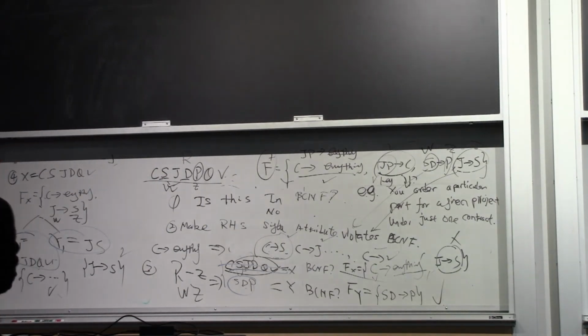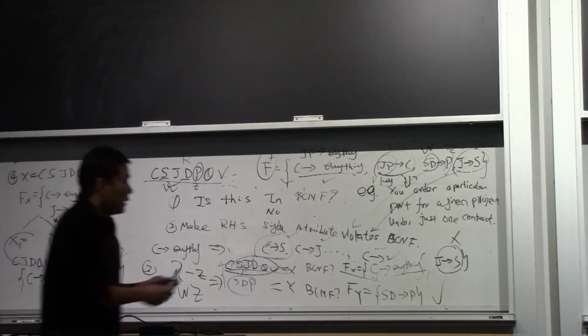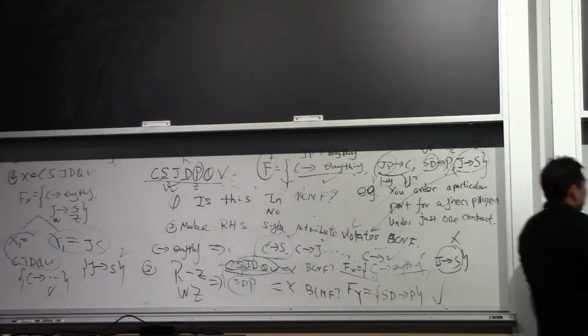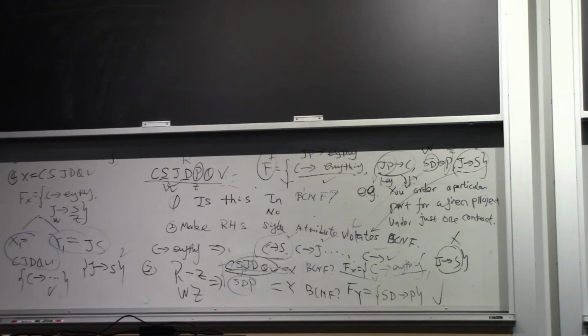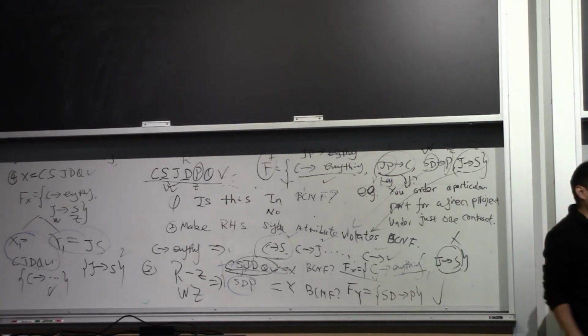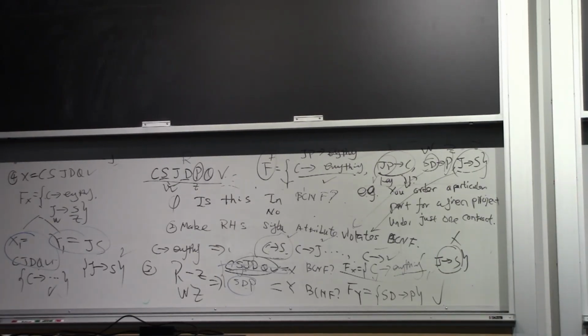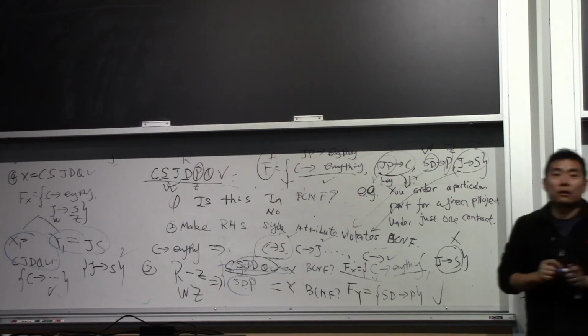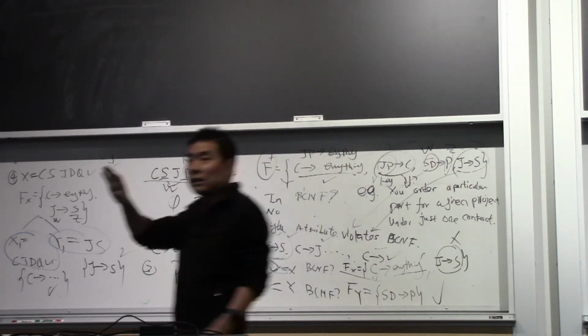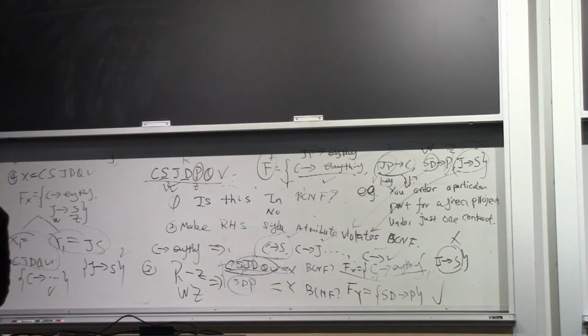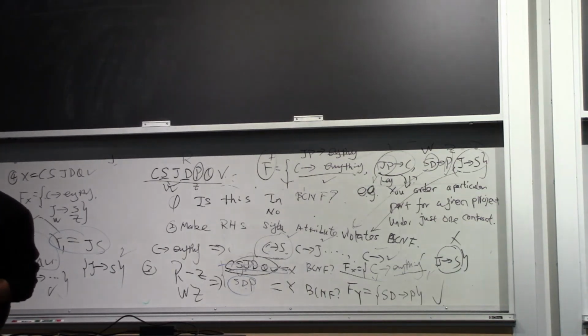The question though is, at the end of the day, you end up with this, this, and this. You stop when all the leaf level nodes are BCNF, right? Leaves are BCNF. This is guaranteed to be lossless, but does this guarantee to be dependency preserving? Let's check in this case.